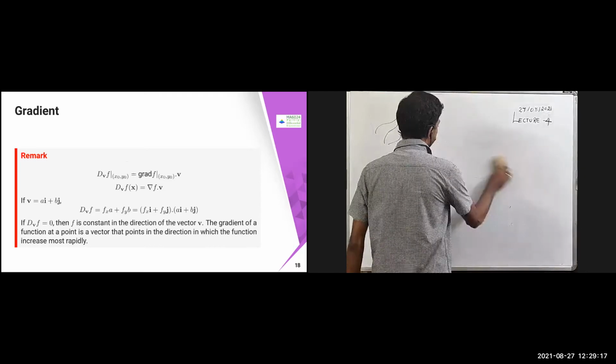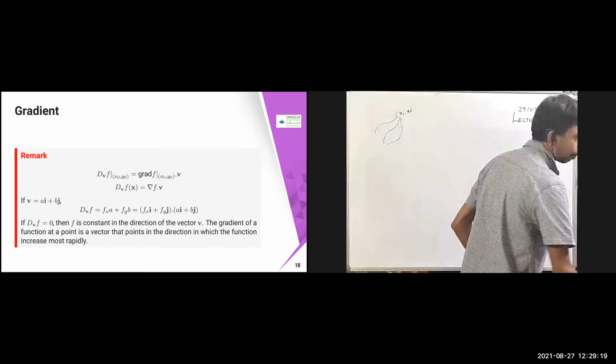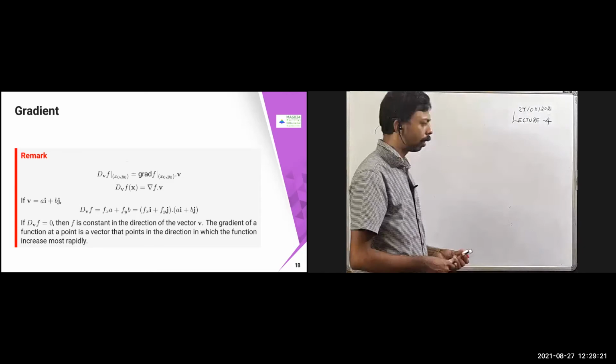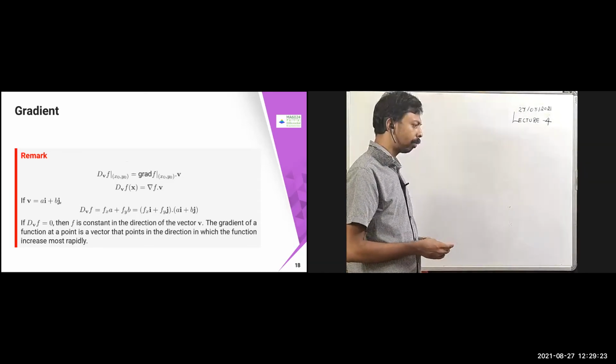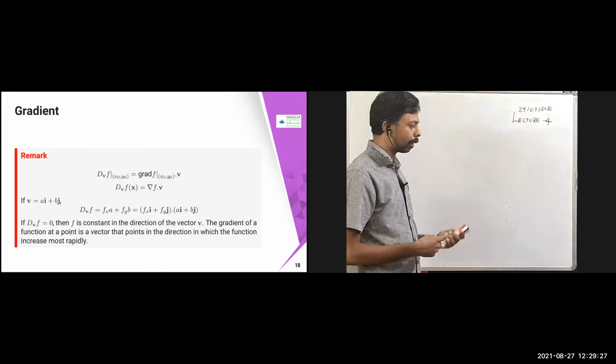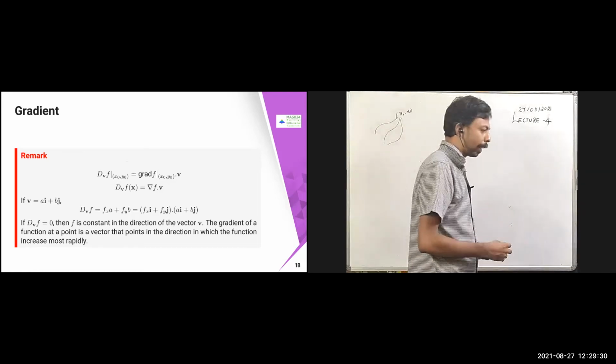Okay. So along this direction there will be the maximum rate of change of the function. That is the application of the gradient.